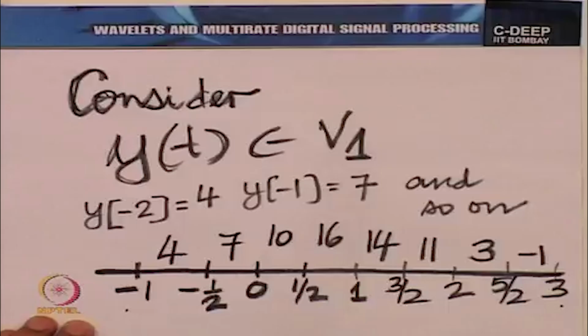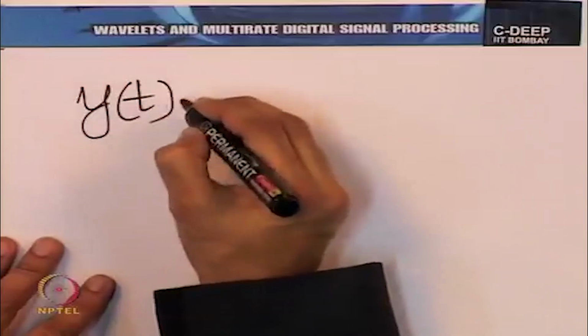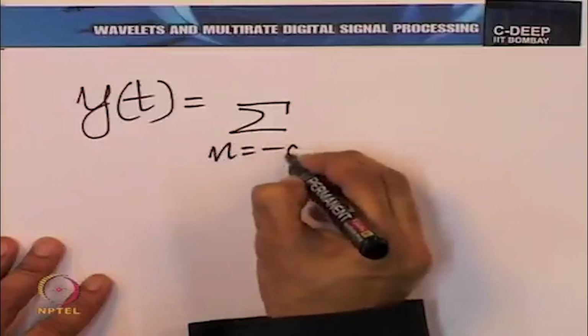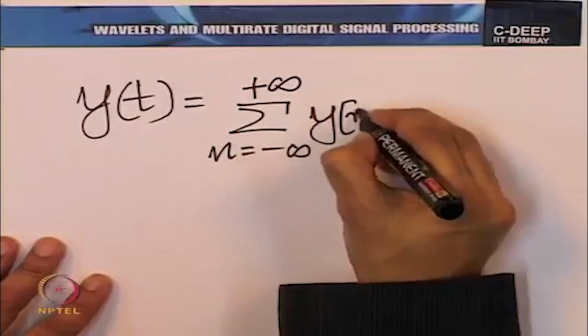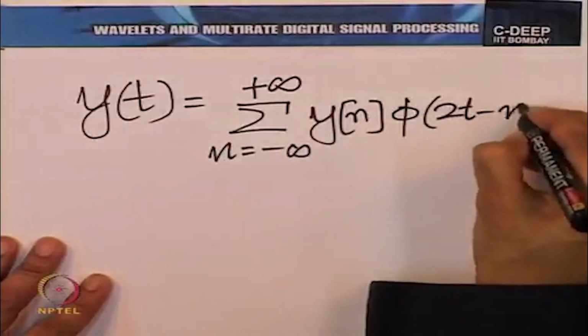So, we have y(t) is summation n running from minus to plus infinity, y(n) phi(2t minus n).